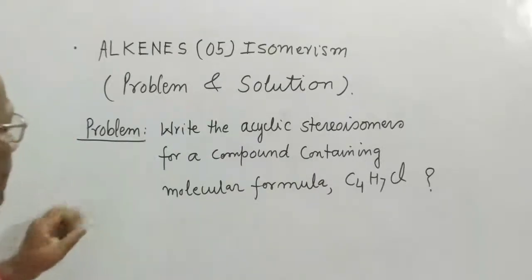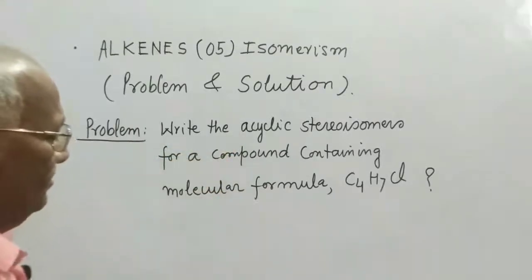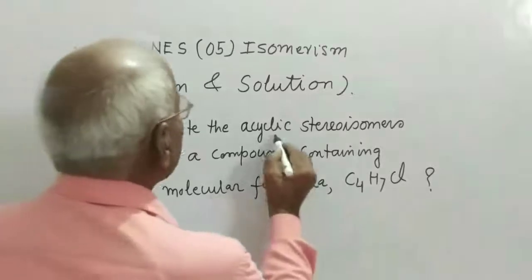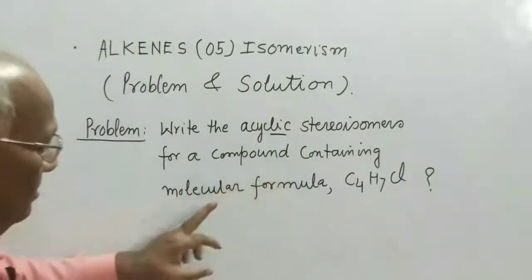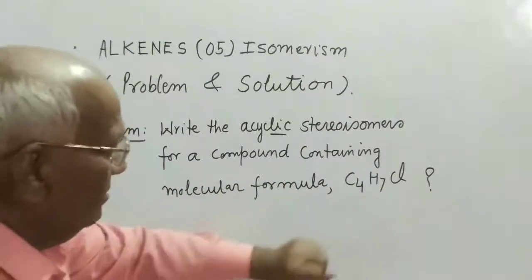So the problem is, write the acyclic stereoisomers for a compound containing molecular formula C4H7Cl.